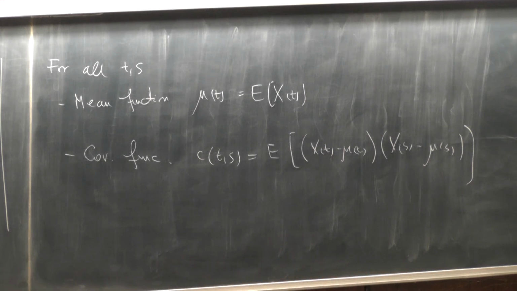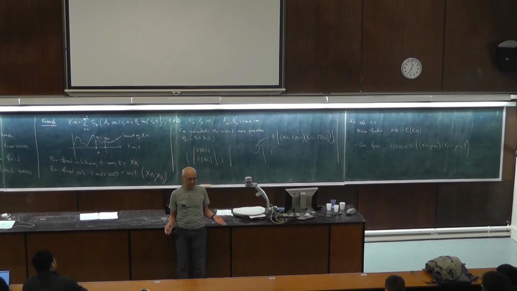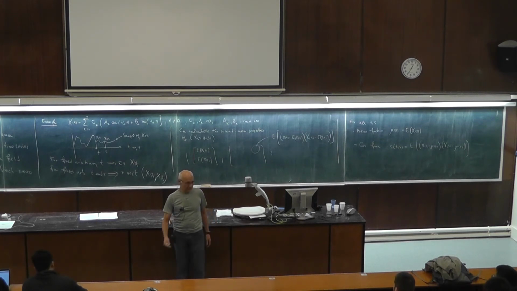So again, what I did: first I fixed these times, and once I fixed them, we are in the setting of random variables and 2-dimensional random vectors. So we know how to calculate means and covariances of these things. Then I remove this restriction of being fixed and let them run over the entire domain. And of course, they change from time to time. They become functions, and they are called mean function and covariance function. You also have the correlation function in the same way.